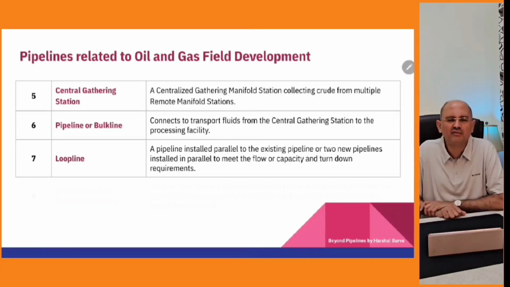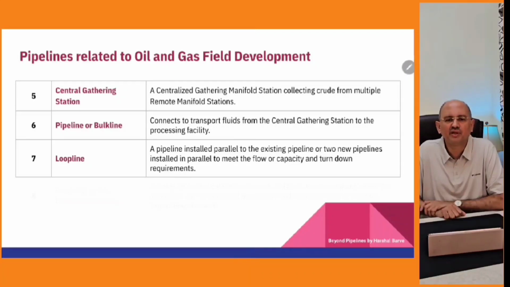With two lines you take the flow, and then eventually when the flow rate goes down in the later years of the field life, you can decommission one of the lines, maybe the older line which was commissioned first, and then mothball it, fill it with nitrogen and keep it if it has design life available.